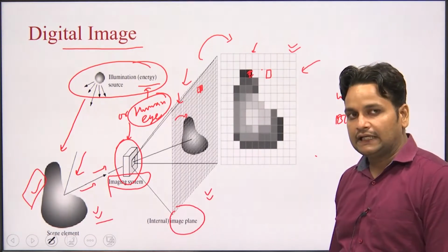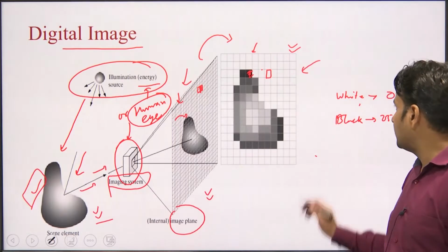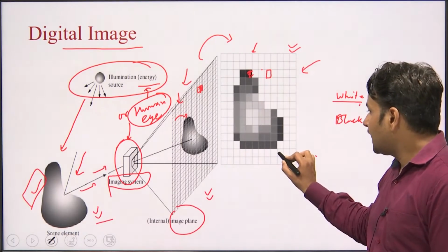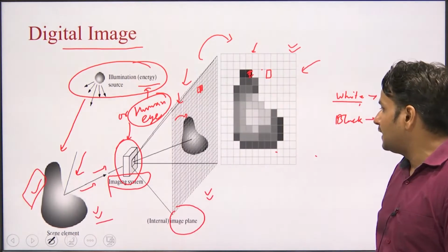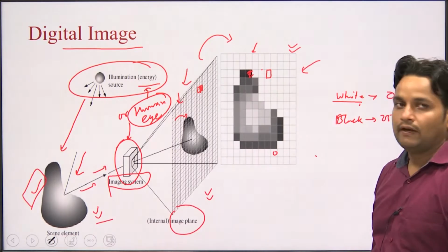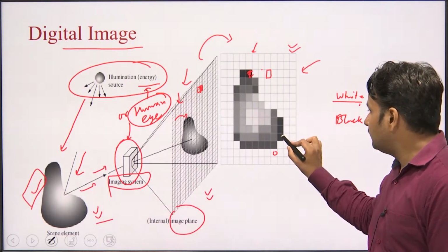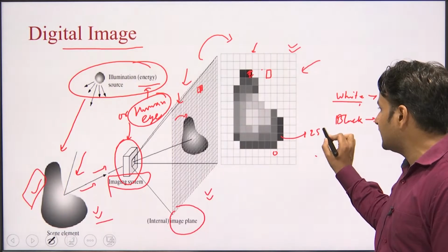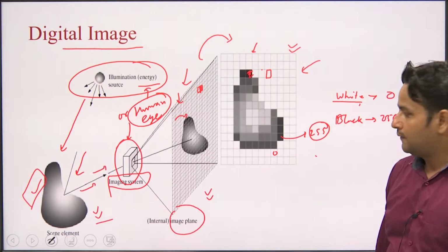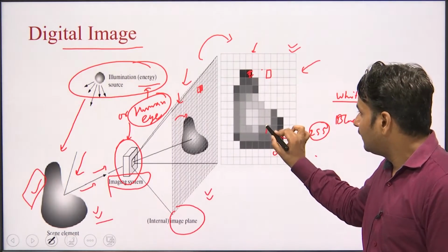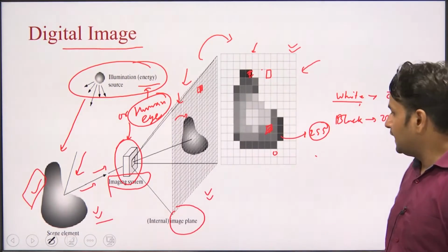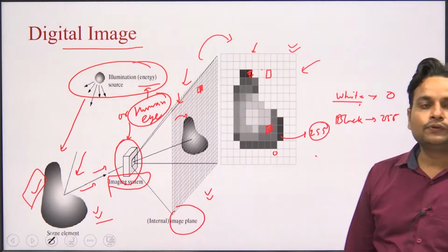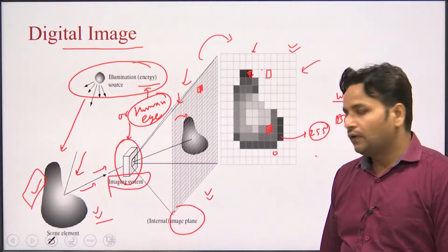If we talk about 8-bit gray levels, then for the white portion each rectangle has 0 value, for the complete black portion the intensity is 255, and for the gray portion it has to be between 0 and 255.